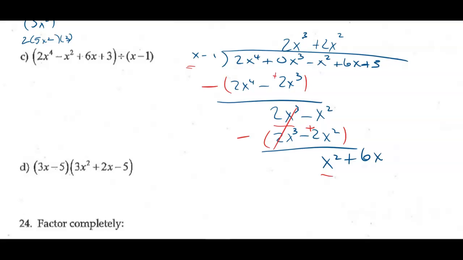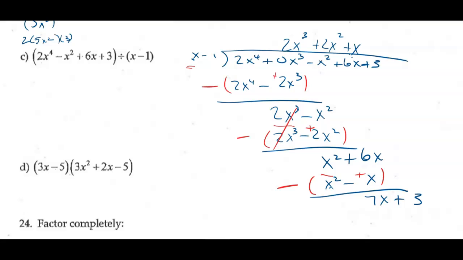First term into first term again. I just need to multiply this one by x. That gives me x squared minus x. I don't know why I put 6 there. Sorry about that. X times x is x squared. X times minus 1 is minus x. Again, we are subtracting. That becomes plus, and that's now going to give me 7x.